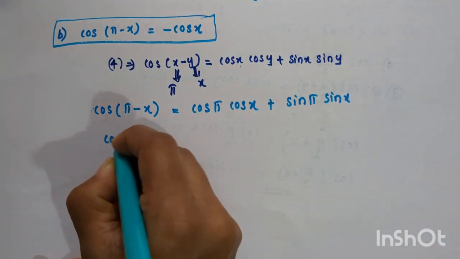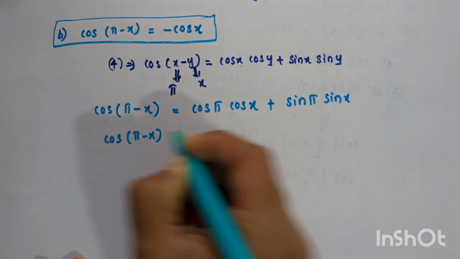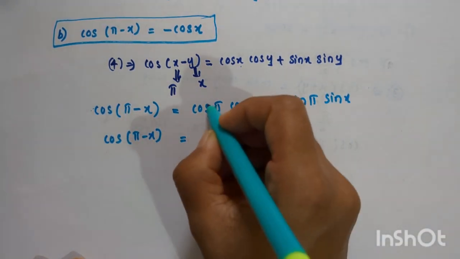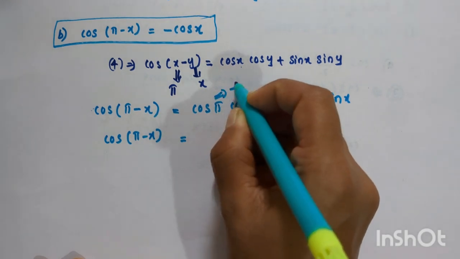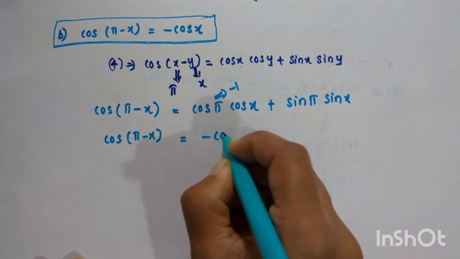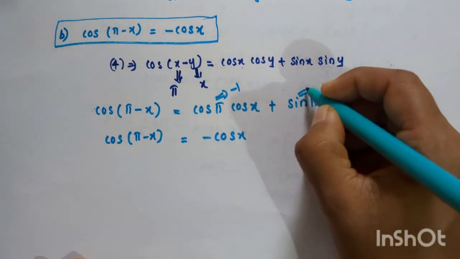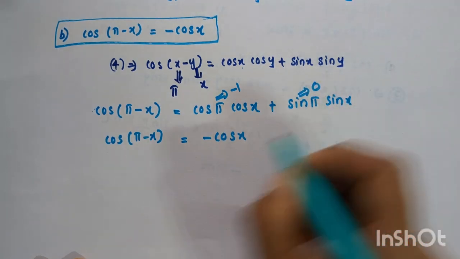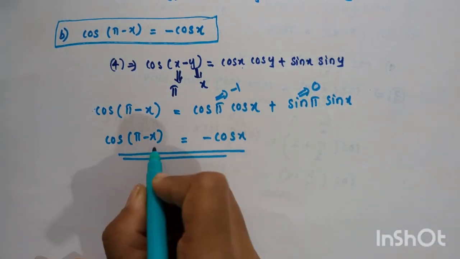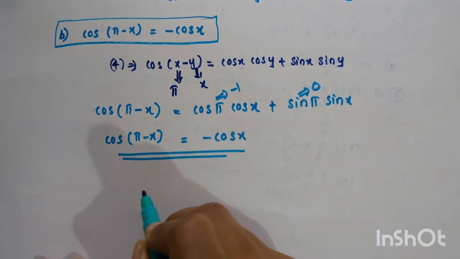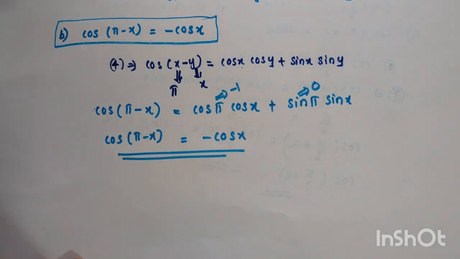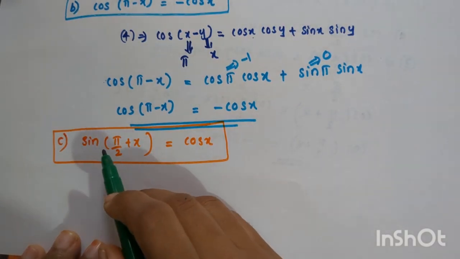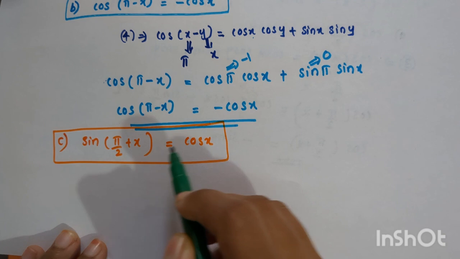Okay, so this becomes cos of pi minus x is equal to cos pi, its value is minus 1, minus 1 into cos x is minus cos x. Sin pi, its value is 0, 0 into sin x is 0. So you see, this will be cos of pi minus x is equal to minus cos x. Okay. Now let us prove the third one, which is sin of pi by 2 plus x is equal to cos x.